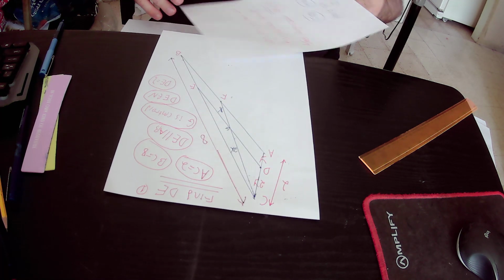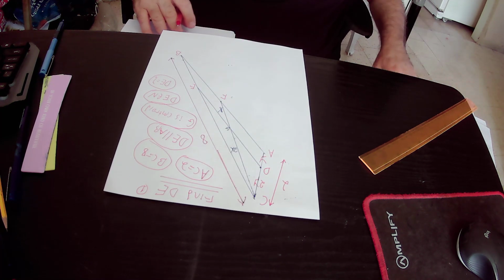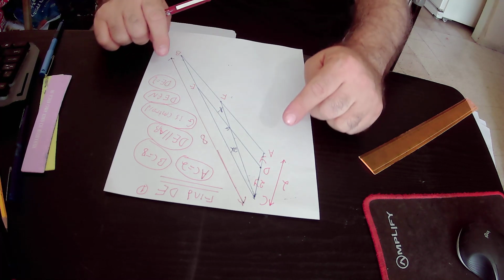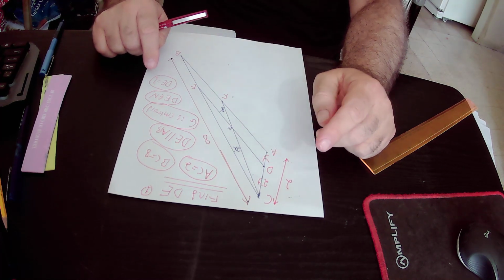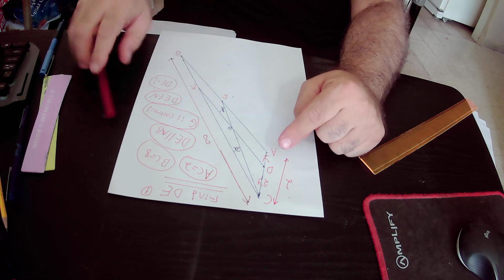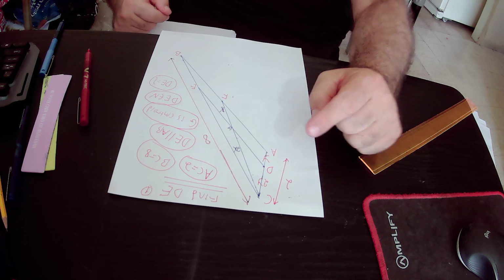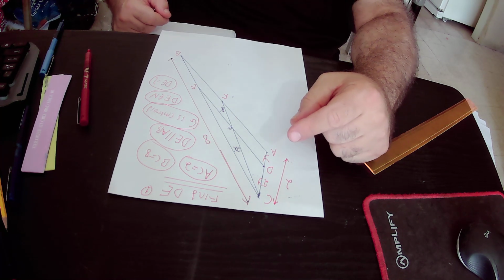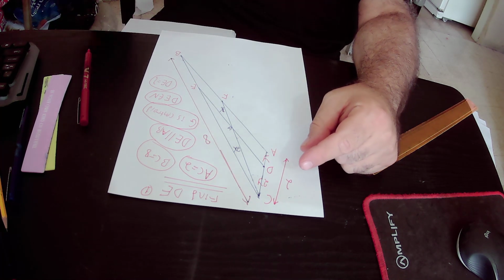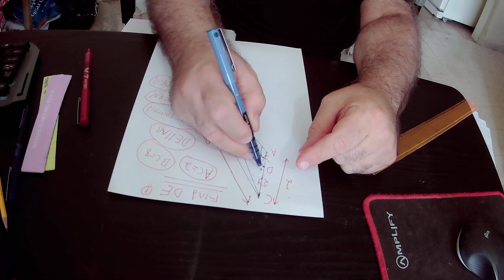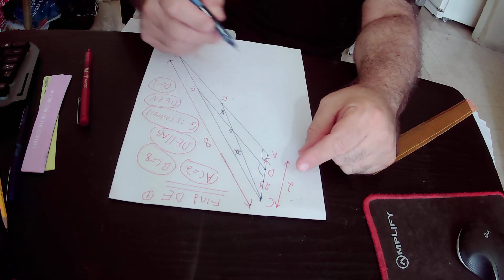And again we can implement this rule in our drawing because we know that in our drawing DE is parallel to AB. Therefore the corresponding angles will be equal to each other. Those two corresponding angles that are located between parallel lines will be equal to each other.